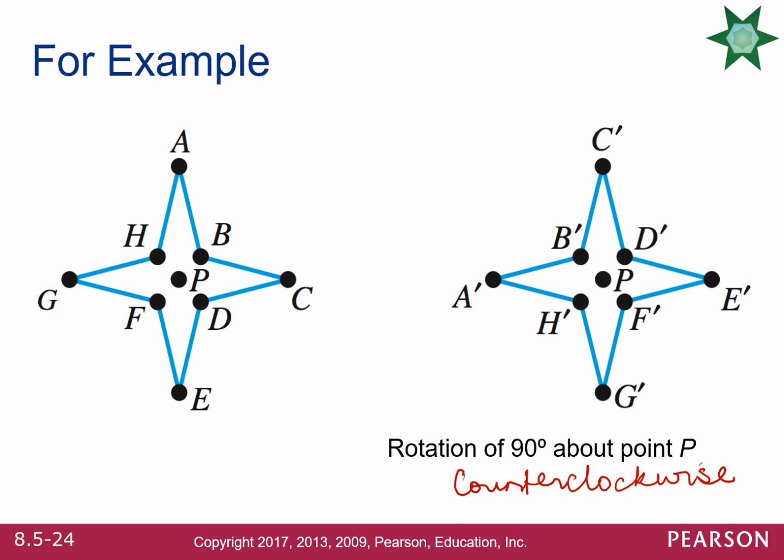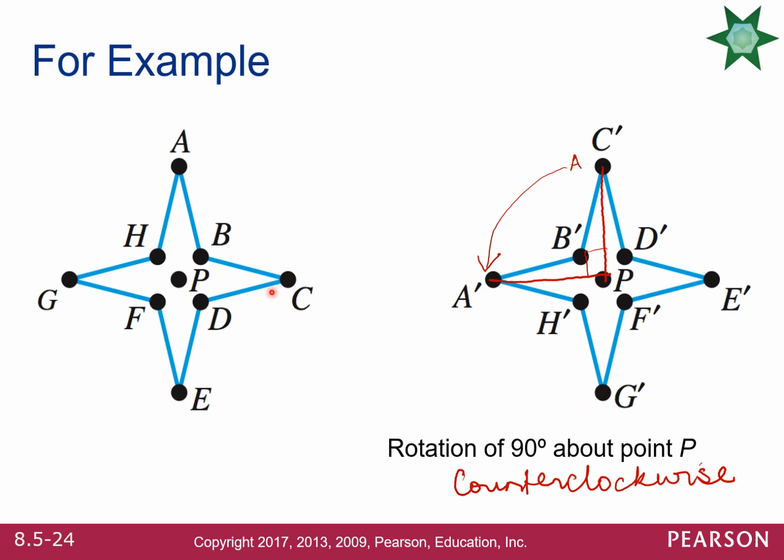So let's draw this here. A was originally here. So when it rotated 90 degrees, it came and landed here. Likewise, G, which was here, came to the bottom. It rotated 90 degrees.